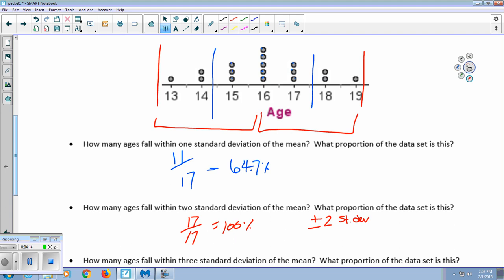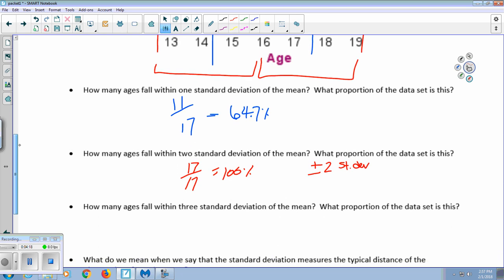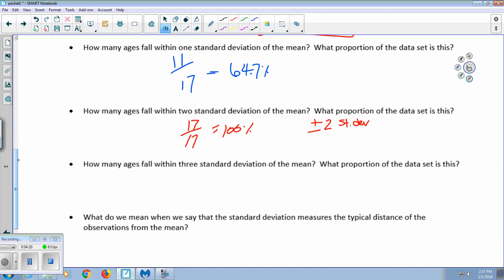Then finally, it's asking about three standard deviations. Obviously, since all of our data fell within two, 100% is also falling within three. That would even be further out. So plus or minus three standard deviations from the mean.